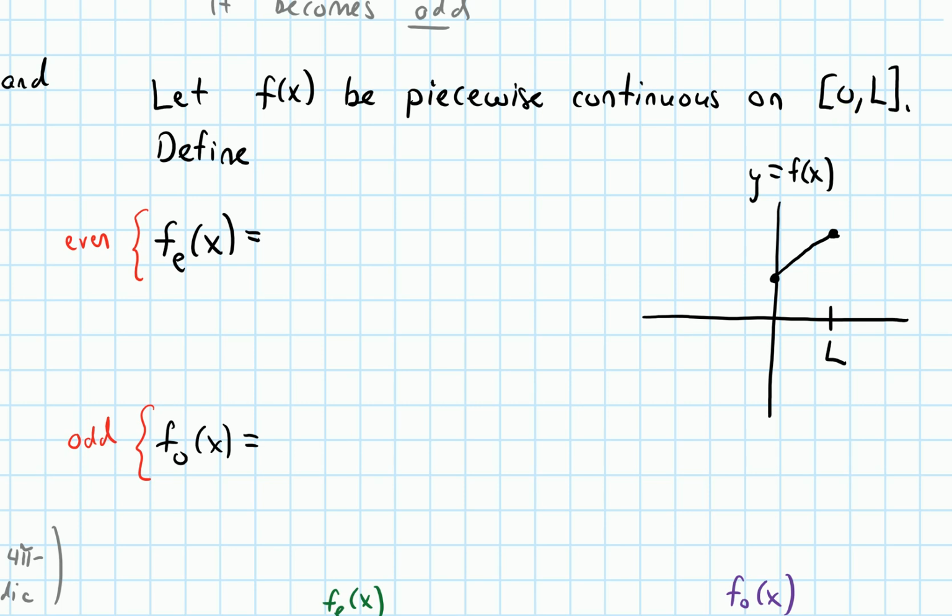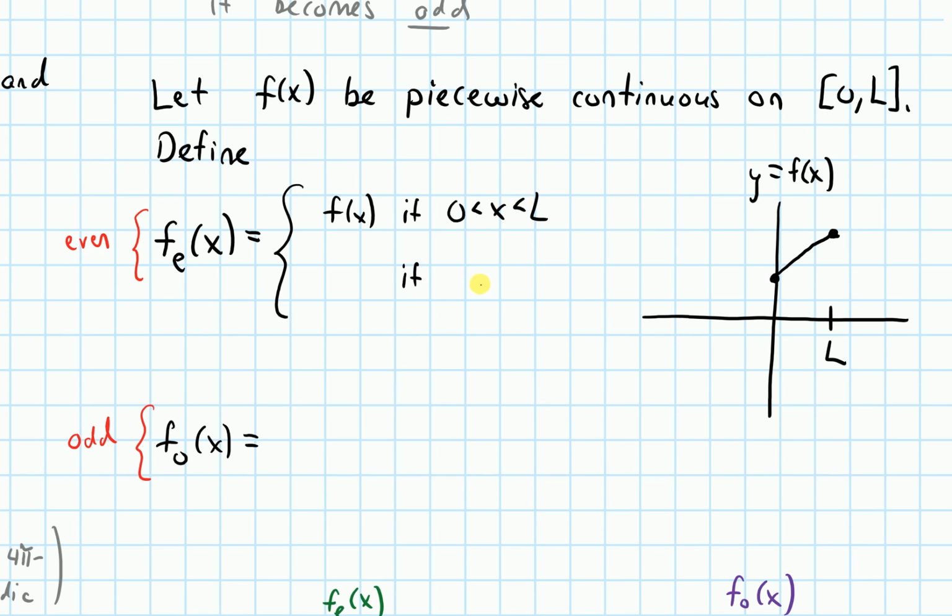All right, so I'm going to define this function f e of x now. So I want f e of x to contain what f of x is. So one of the pieces is going to be f of x on the interval 0 is less than x is less than L. Okay, and now I also need to define it from negative L to 0.